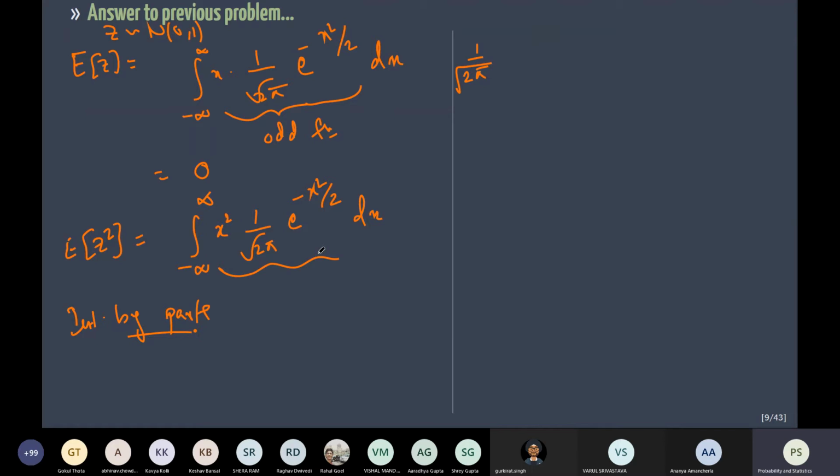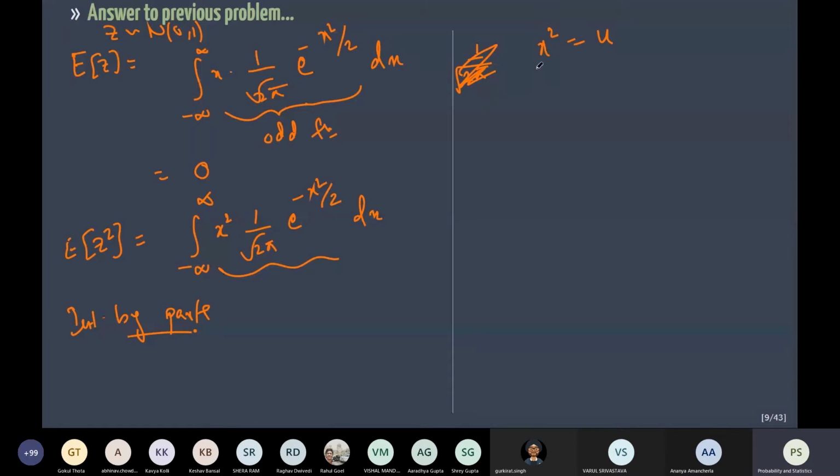One thing we can do is substitute x square by something like u, so that might make things easier. So let us substitute x square is u. Does this make things easier or not?